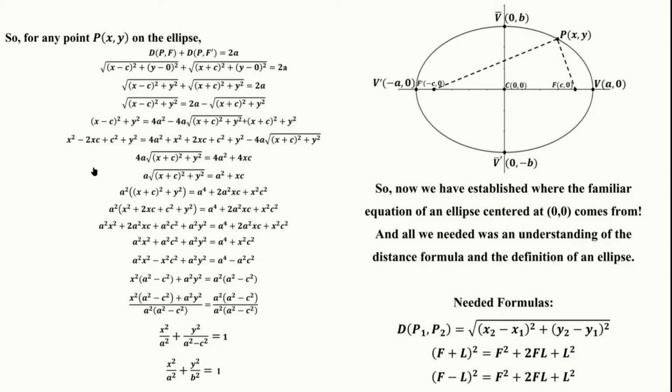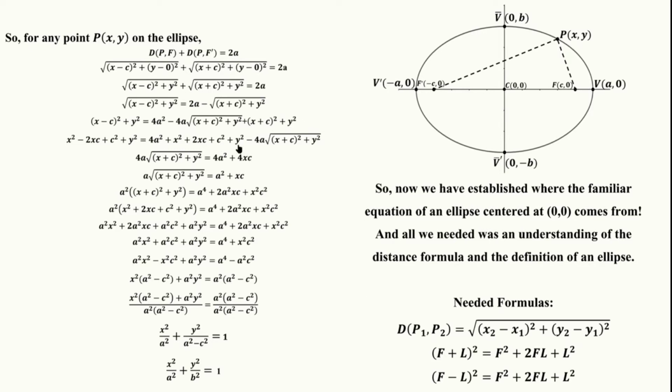Now we go ahead and expand that by just working it out, and we end up using that formula again, right? So we end up with x squared minus 2xc plus c squared plus y squared equals 4a squared plus, we just basically simplify by expanding that as well. That's going to be x squared plus 2xc plus c squared. We're using this formula now.